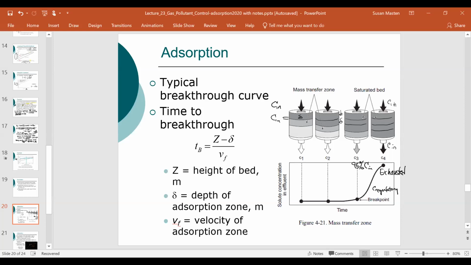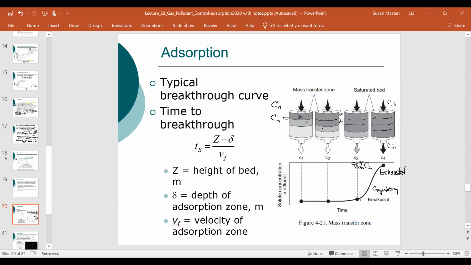But typically we don't operate these columns to complete exhaustion. We operate to a break point or breakthrough. And then we would take the reactor offline and regenerate the column.